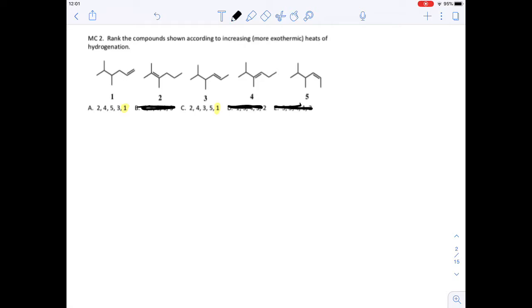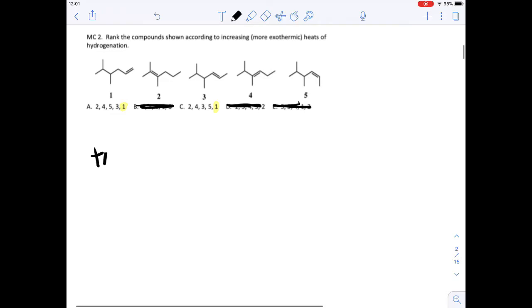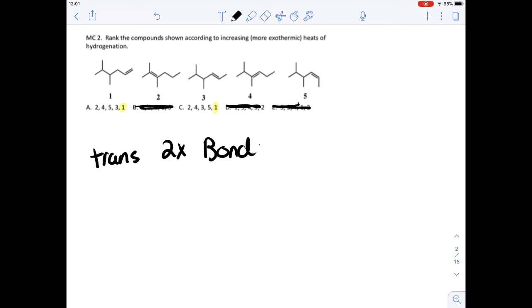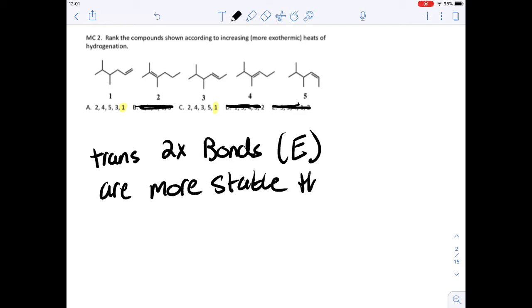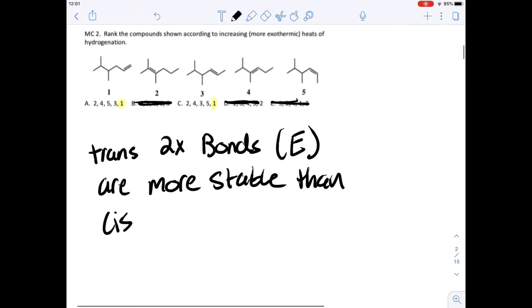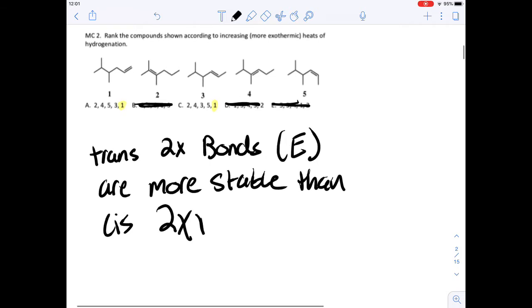The only difference between 3 and 5 is that 3 is in the E formation and 5 is in the Z formation, or 3 is trans and 5 is cis. So when you're thinking about stability of double bonds, trans or E double bonds are more stable than cis or Z double bonds.